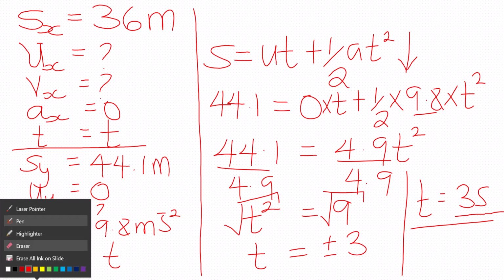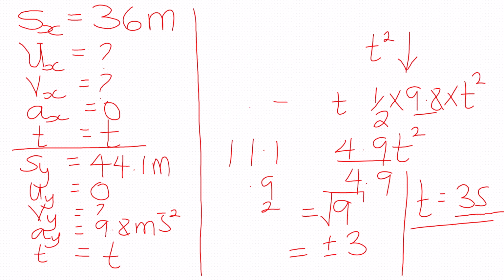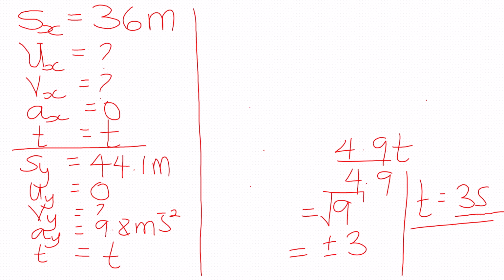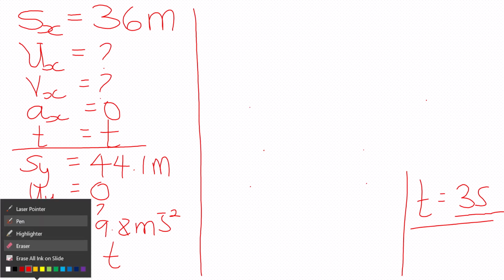So we can erase this and leave our time. You can see how things are nice when you're dealing with projectiles. So do not worry about this. So let's now calculate the initial velocity in the x.